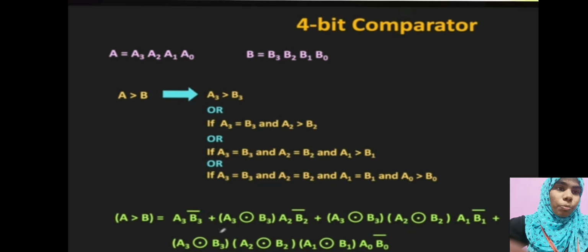A3 exclusive NOR B3, A2 exclusive NOR B2, A1 B1 bar, plus A3 exclusive NOR B3, A2 exclusive NOR B2, A1 exclusive NOR B1, A0 B0 bar. When A is greater than B, the A bits A3, A2, A1, A0 become 1, whereas the B bits become 0, so we have B bar.